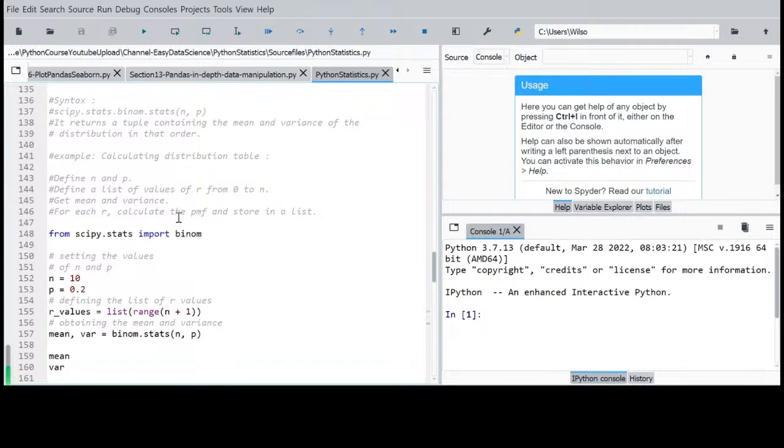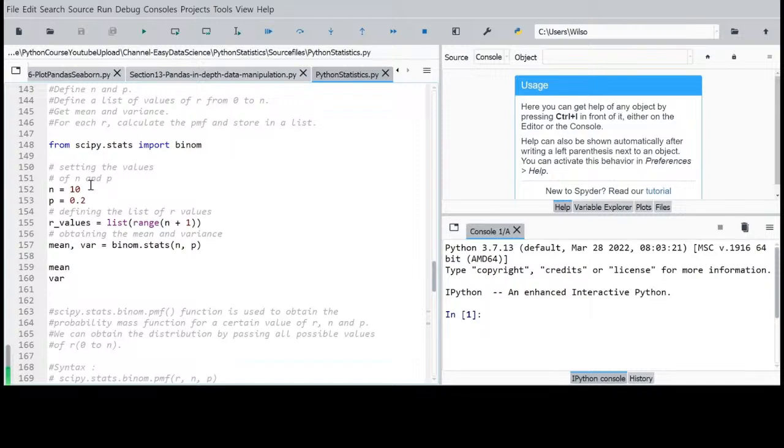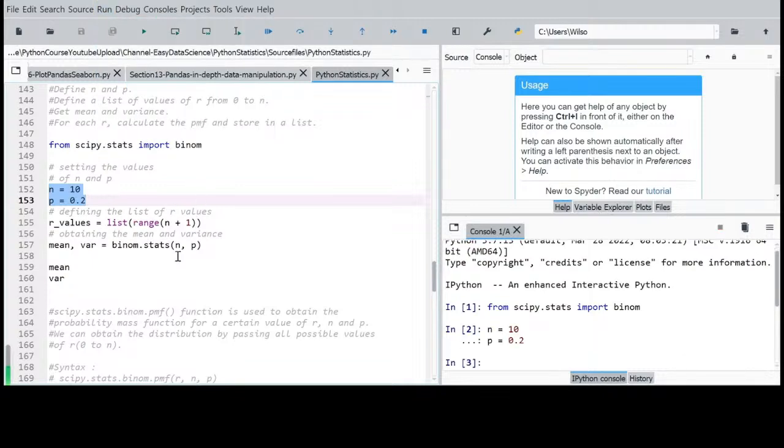PMF is the probability of the binomial distribution for this random number. So we have to import binom from this module. Then we set n equals 10 and p equals 0.2 for each trial's success rate, and the total trials is 10.